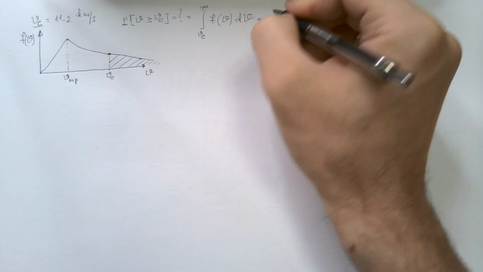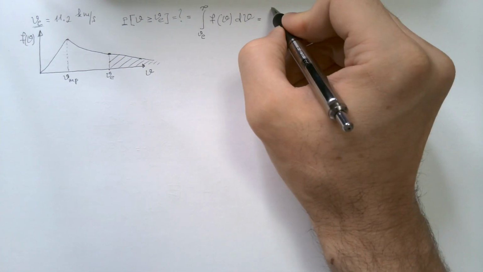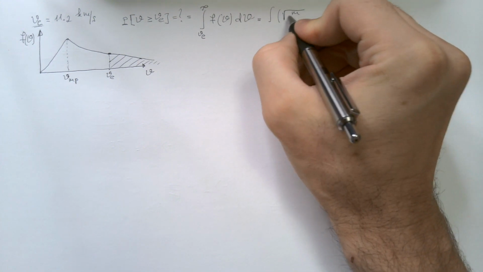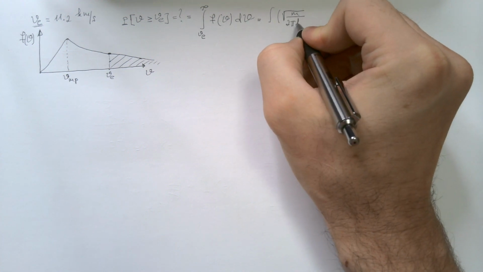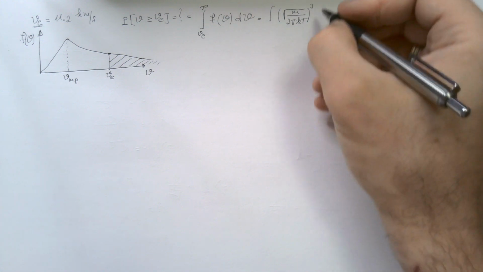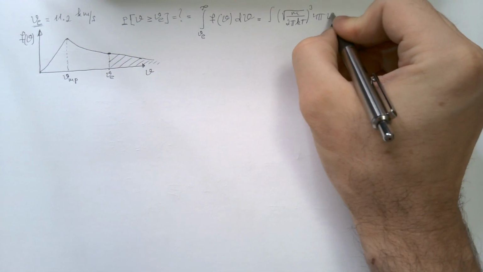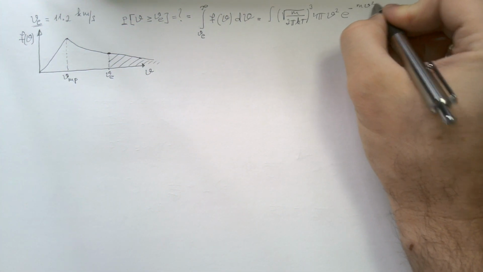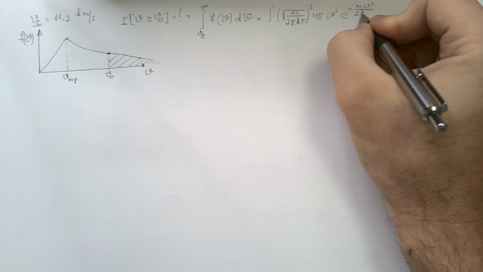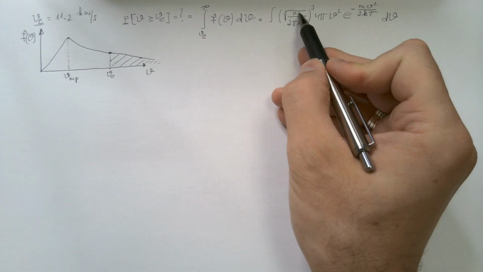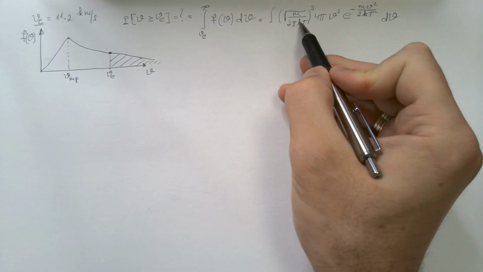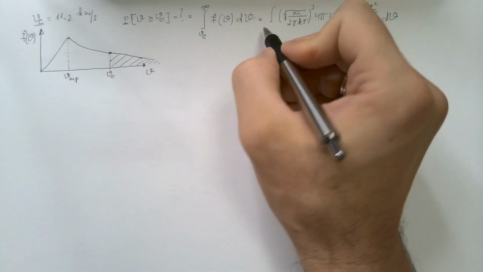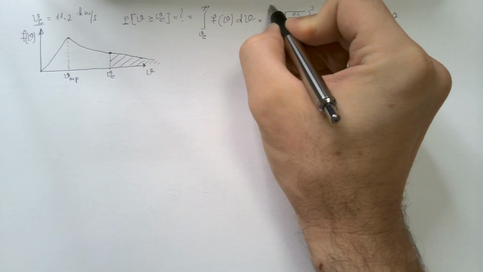We know from my previous videos the form of the Maxwell-Boltzmann distribution, namely that would be the square root of m divided by 2 pi kT, everything to the power 3, times 4 pi v squared e to the negative m v squared over 2kT, and then dv, where m is the mass of an atom, k is the Boltzmann constant, T is absolute temperature in Kelvin, and everything else is defined, and of course the integral goes between Ve and infinity.